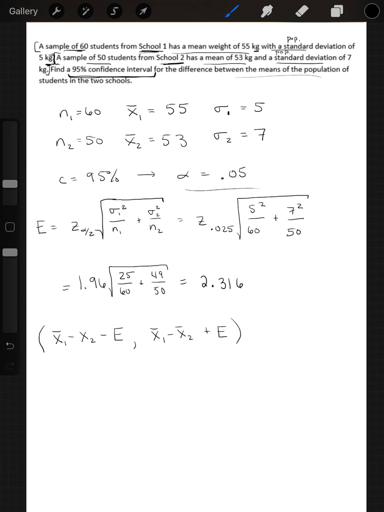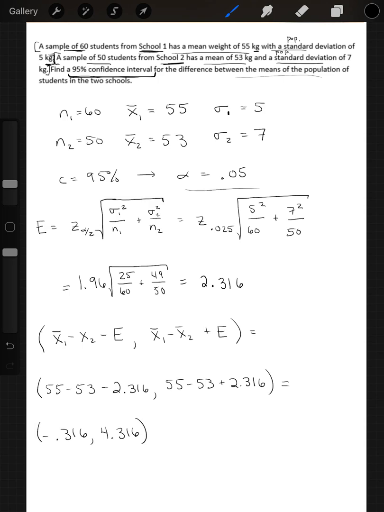So this is going to be 55 minus 53 minus 2.316, and 55 minus 53 plus 2.316. So this is going to be negative 0.316 and 4.316. Right?